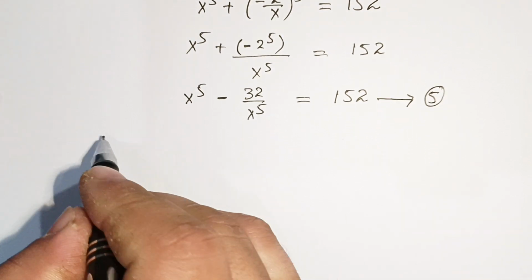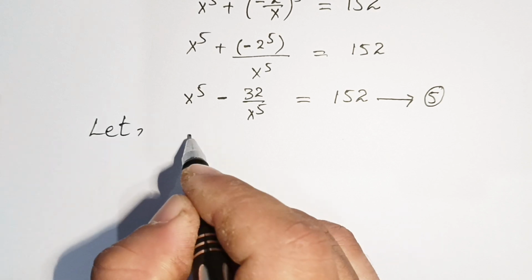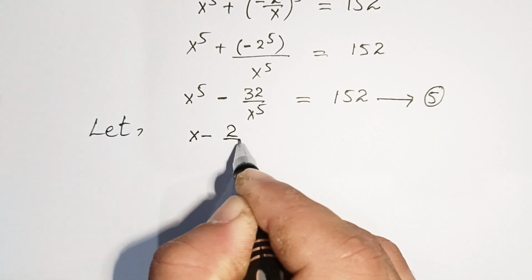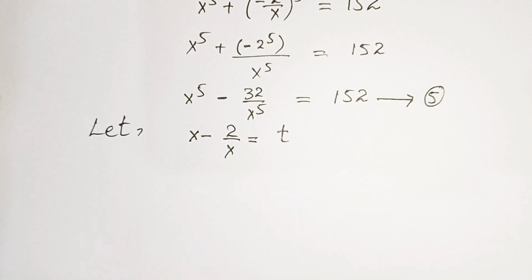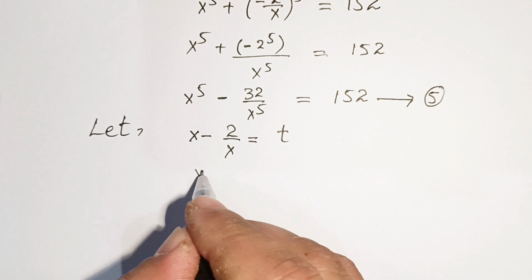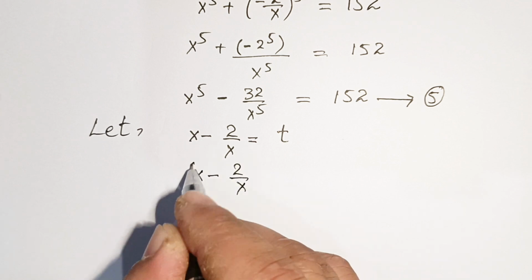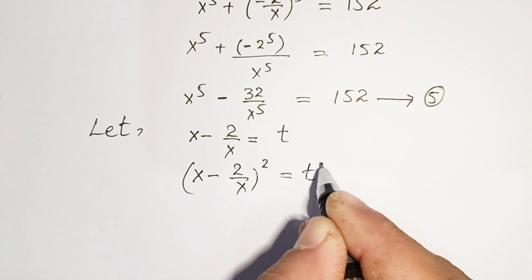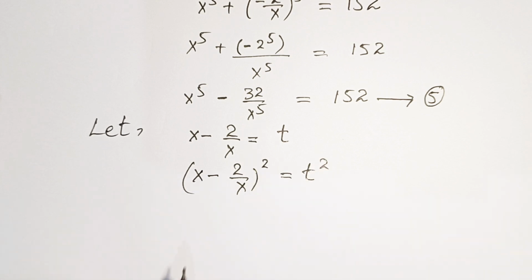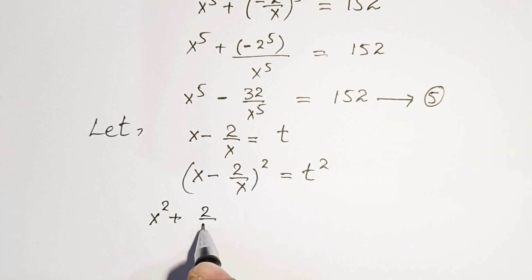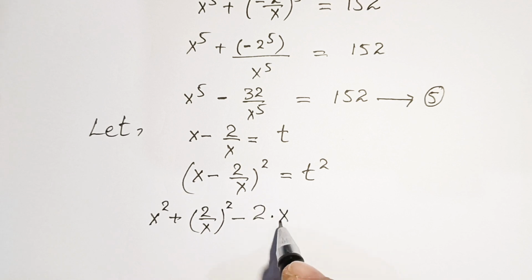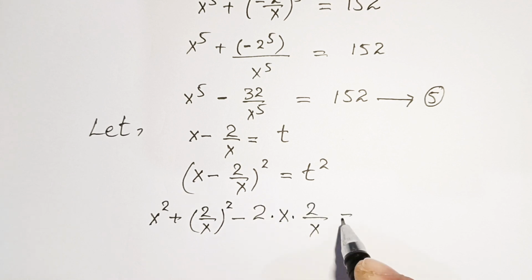Now let us suppose that x minus 2 over x is equal to t. Taking the square on both hand sides, on our left hand side it is a minus b whole squared, so it is equal to a squared, means here x squared, plus 2 over x whole squared which is b squared, minus 2 times a times b which is x times 2 over x, is equal to t squared.